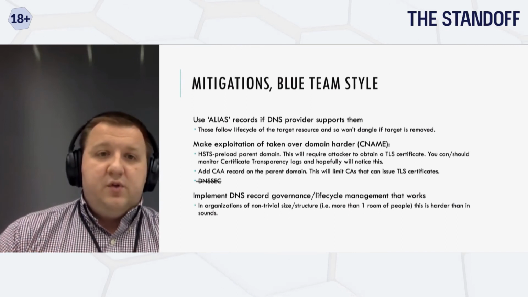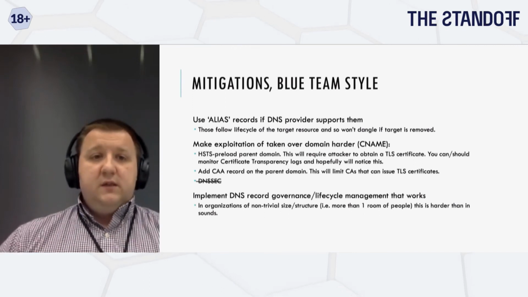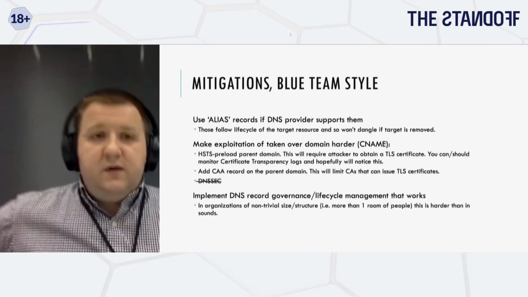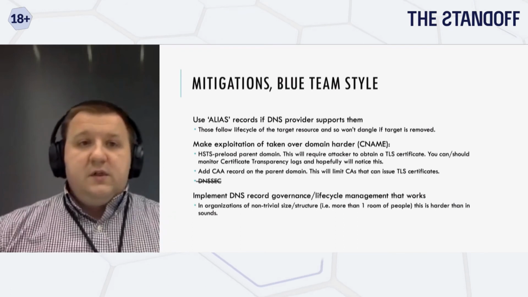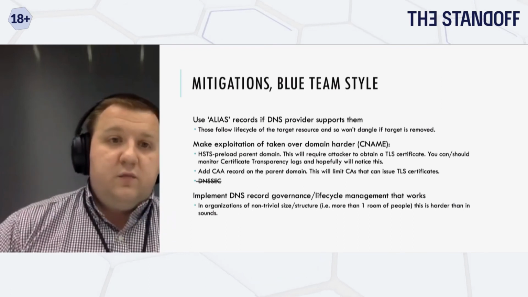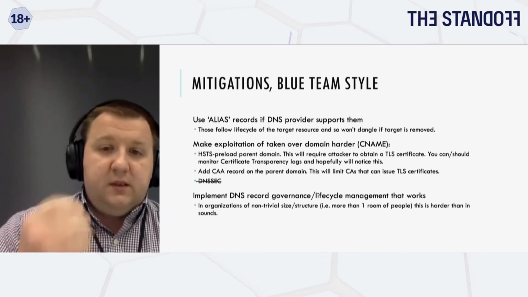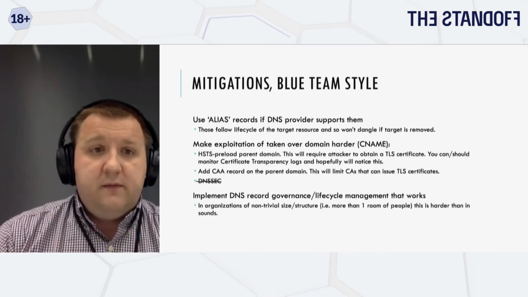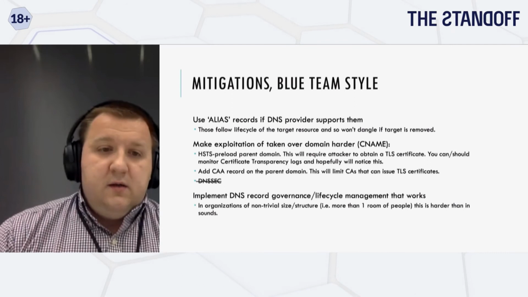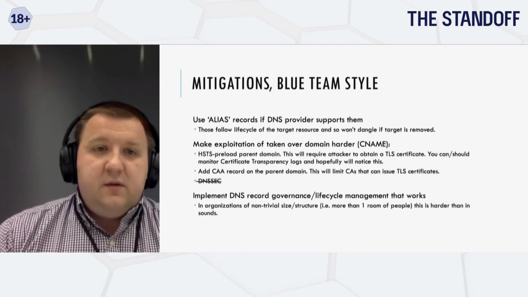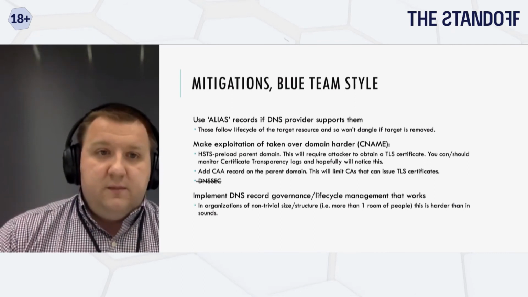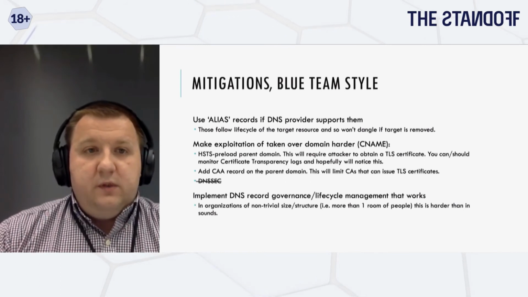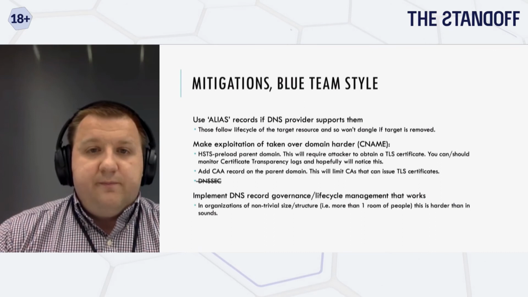So if you have contracts, or if you simply know that you always get your certificates from the same vendor, you may simply make sure that the other CAs are simply not on the list. Combined with HSTS, this will be quite a powerful way of mitigation. I added DNSSEC here, although in practice it doesn't get used really, or doesn't work.